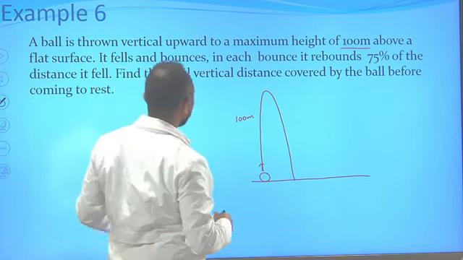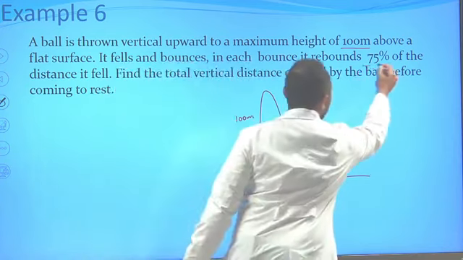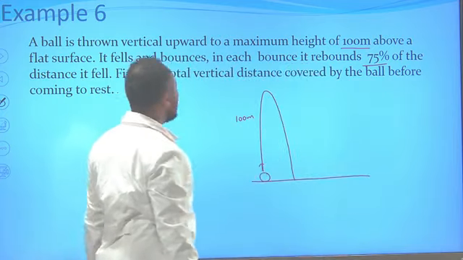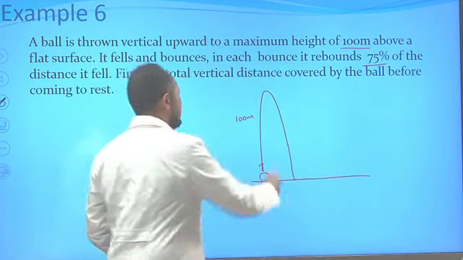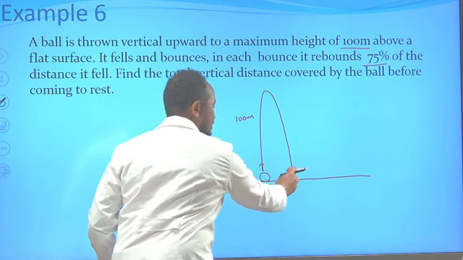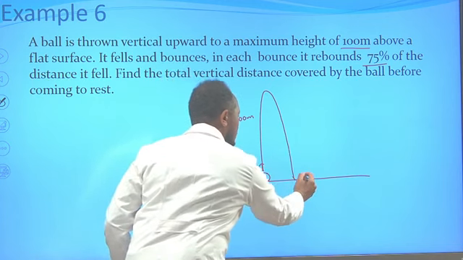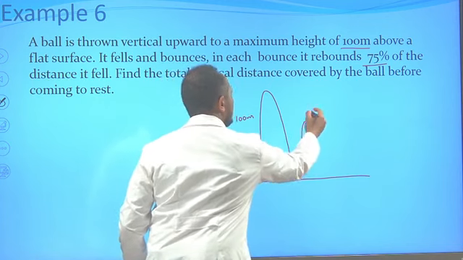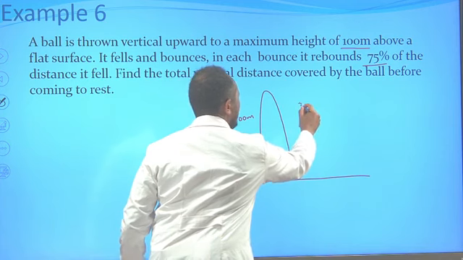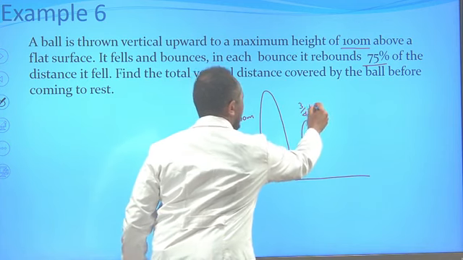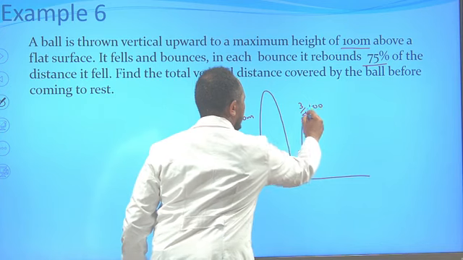It rebounds 75% of the distance it falls. So how much does it fall? It is 100 meters. So it rebounds 75%, or 3/4, of 100.